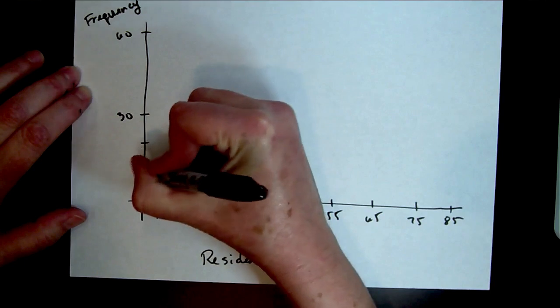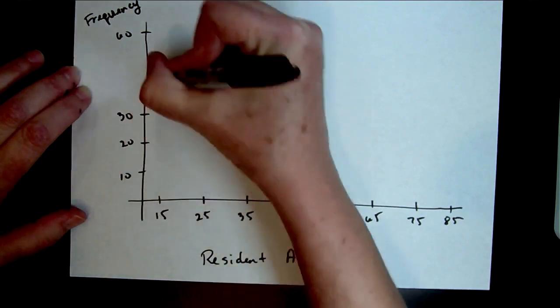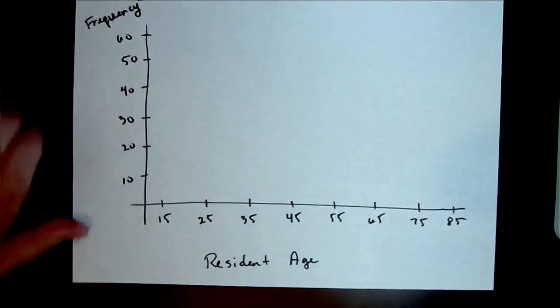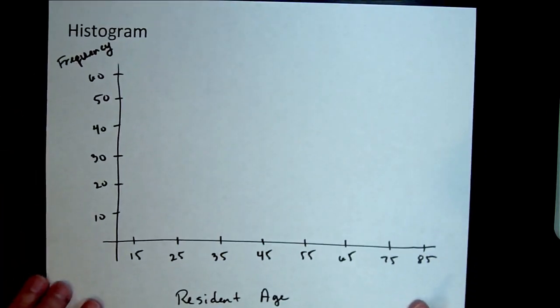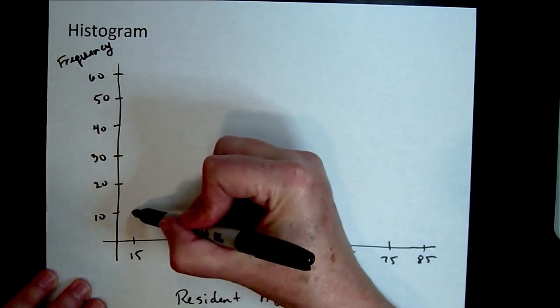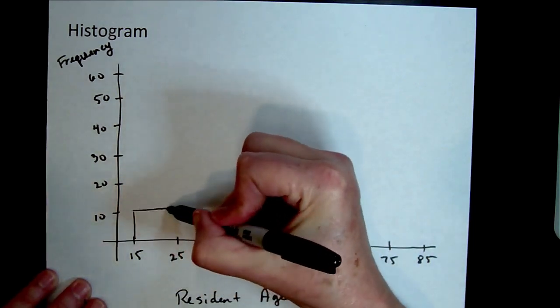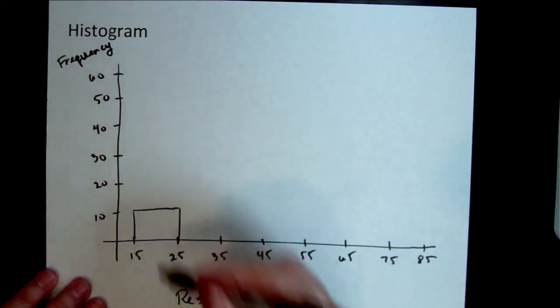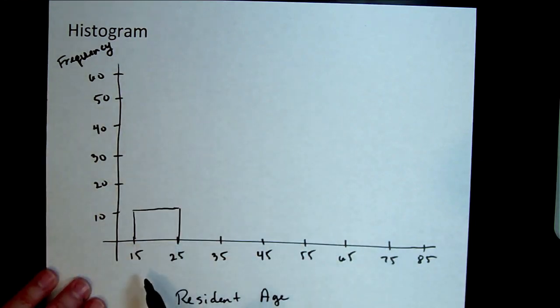So I'd have 20 and 10, and 40 and 50. Okay. Residents who are age 15 up to anything less than 25, there's 10 of those. So I'm going to make a rectangle that goes from the 15 to the 25.